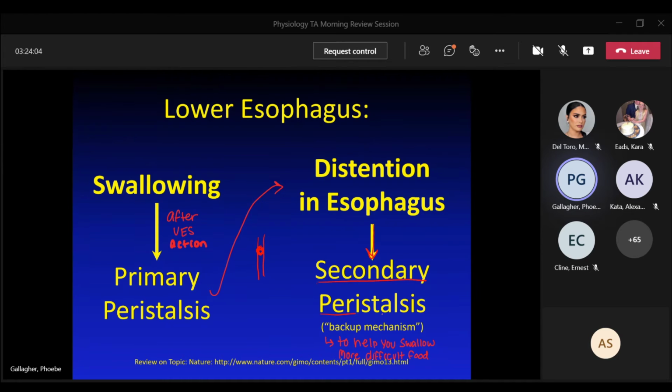So it's going to trigger secondary peristalsis to help you swallow whatever was left over. This happens when you eat something particularly sticky or difficult to swallow. It obviously wouldn't really occur if you're drinking water or something more liquidy.